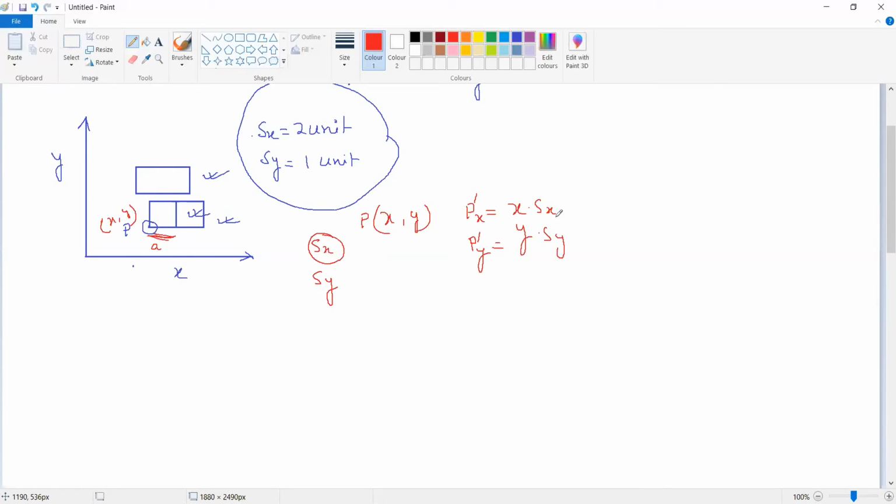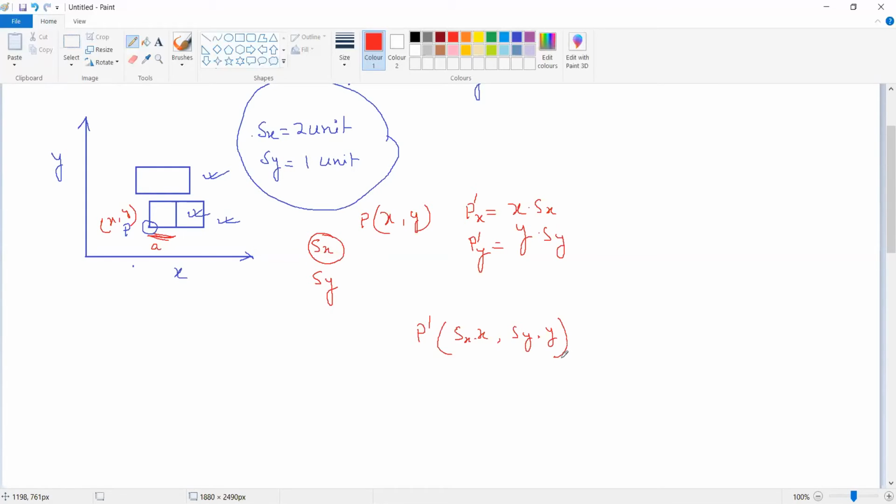That means for the point P dash, the coordinates will be Sx dot x and Sy dot y. Okay. So we are just simply performing the multiplication.